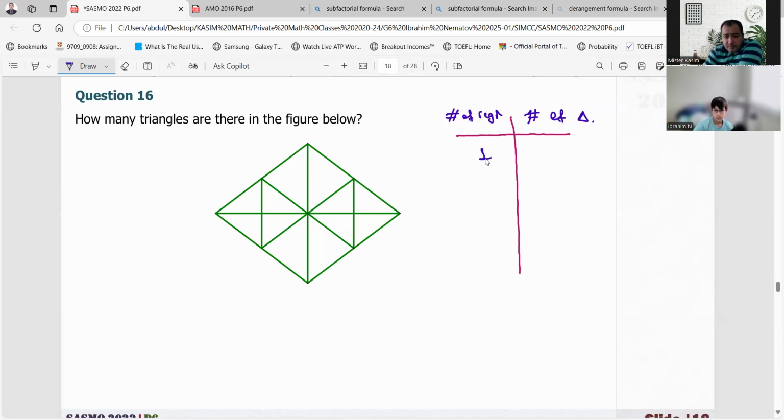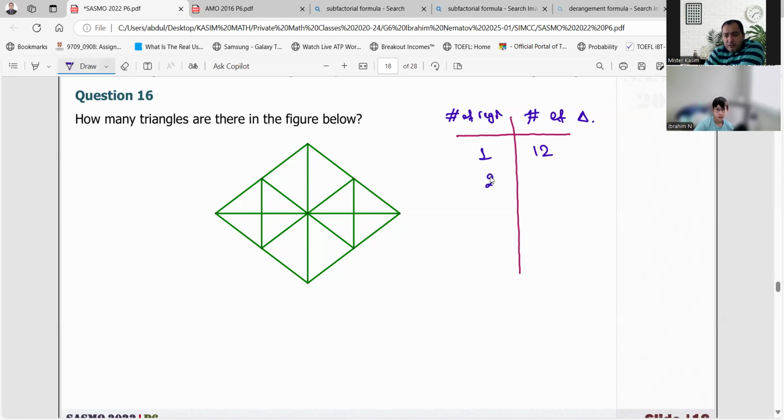If it is one, how many do we have? 1, 2, 3, 4, 5, and 6, 7, 8, 9, 10, 11, 12, right? So we have 12 triangles which consist of only one region. Okay. And next step is now I'm going to count the number of triangles which consist of two regions.